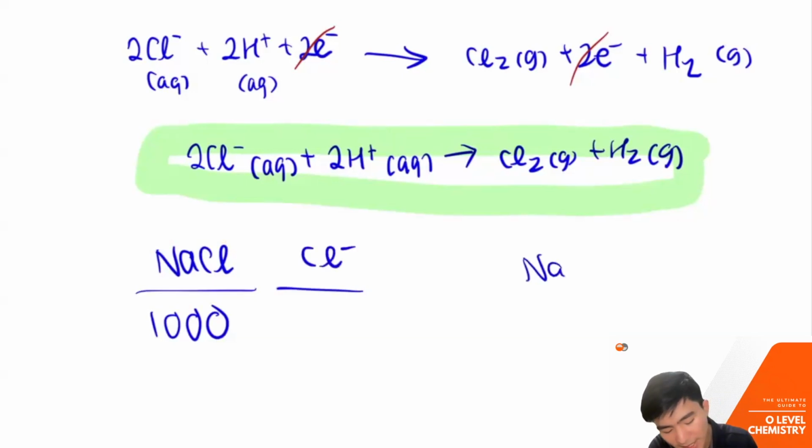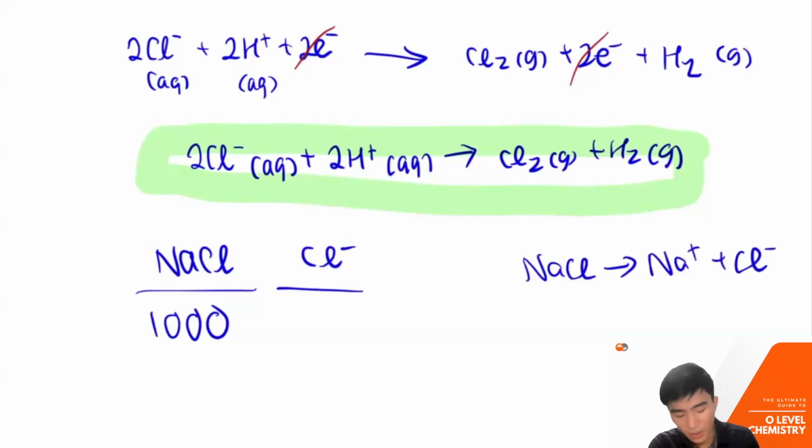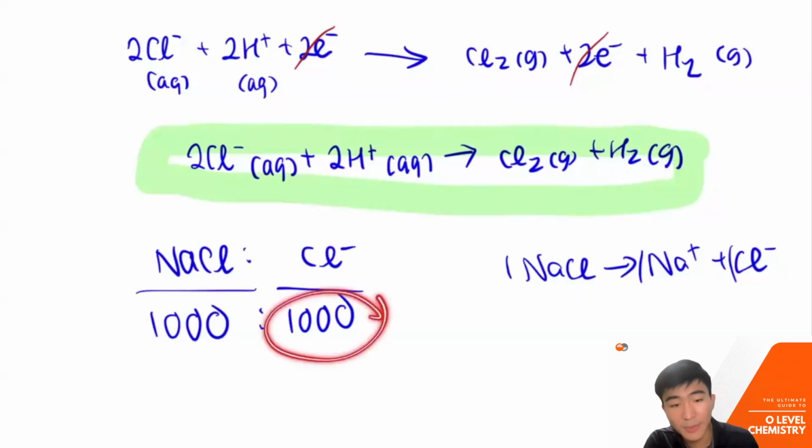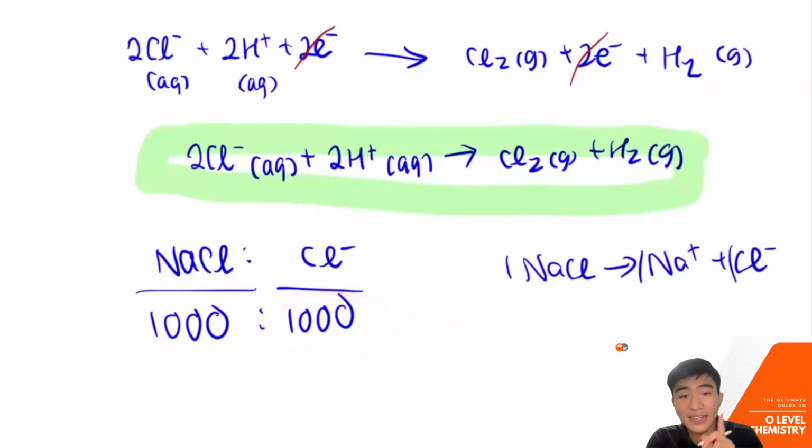How do you know? NaCl give you Na plus and Cl minus. 1, 1, 1. Can you see that? So the ratio between NaCl and Cl minus is 1000 is to 1000. So this is an actual number of moles that I'm carrying out the electrolysis with.